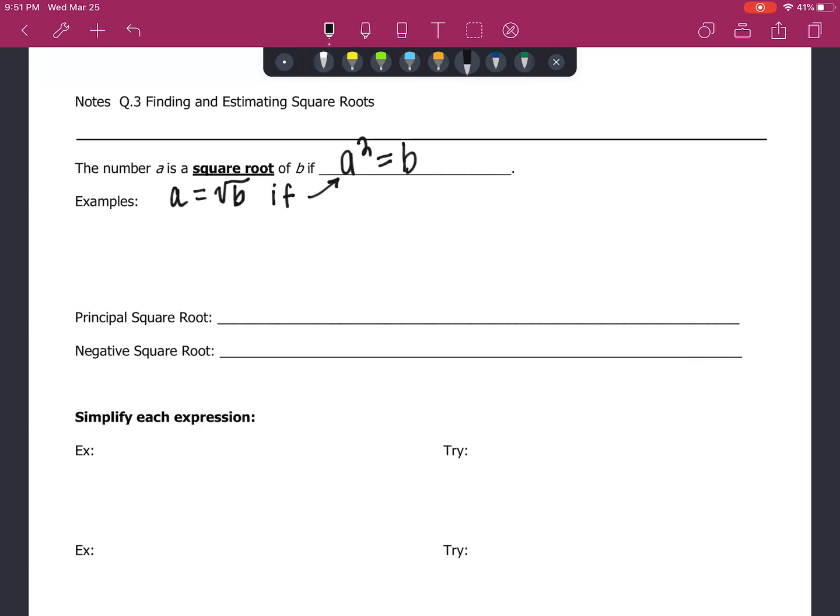So here are some examples. Let's do some numbers. 4 is a square root of 16 because 4 squared equals 16.